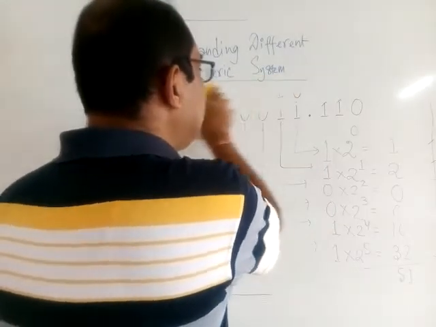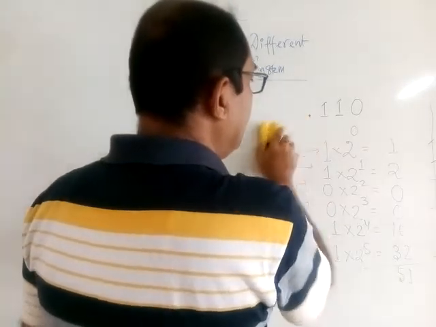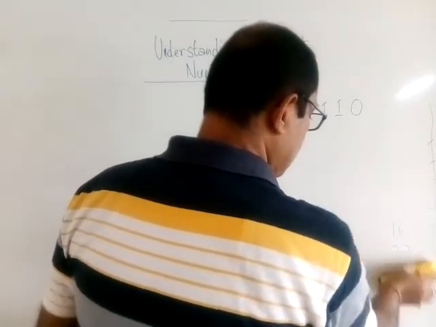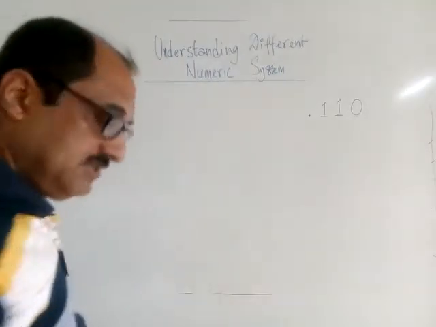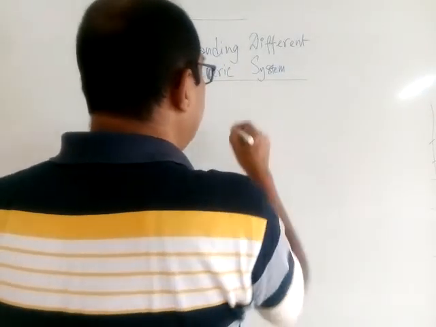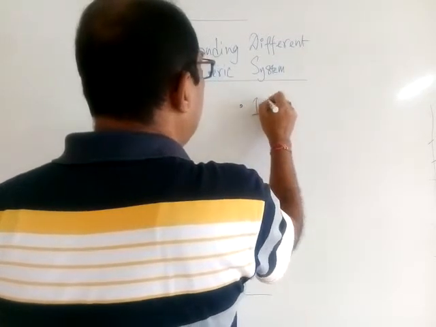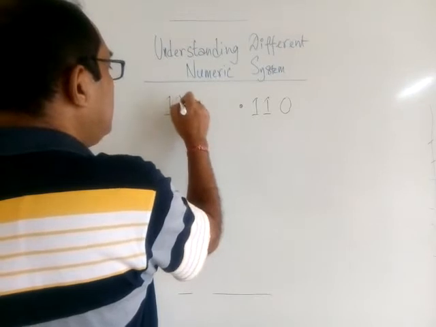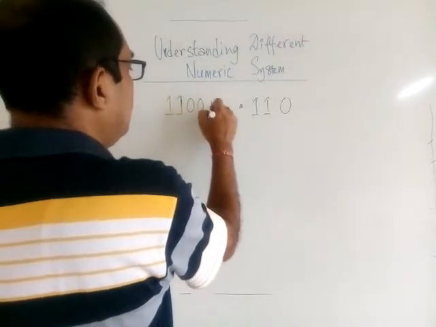I am just erasing this part, and it will be easier for you to understand. We got 0.110. So how do we get 0.110? So let me write it again.